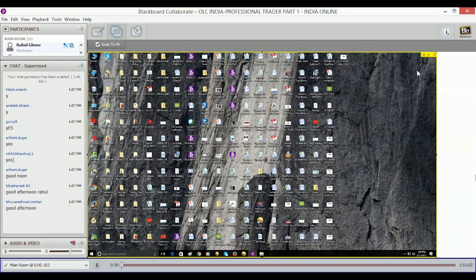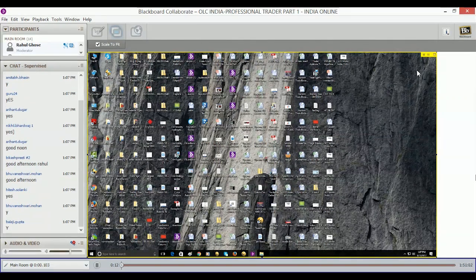1, 2, 3, 4, 5, 6, 7, 8, 9, 10, 11, 12. Shall we wait for another minute, guys, and see if any more people are joining in? Failing which, we should go ahead and start the session.